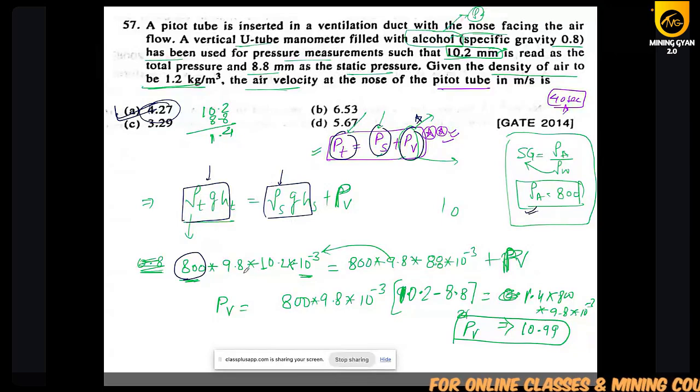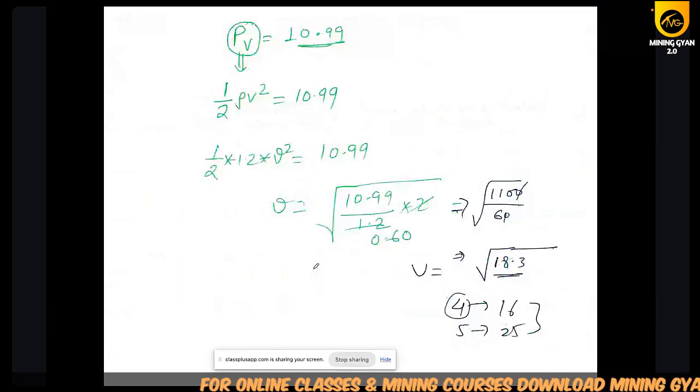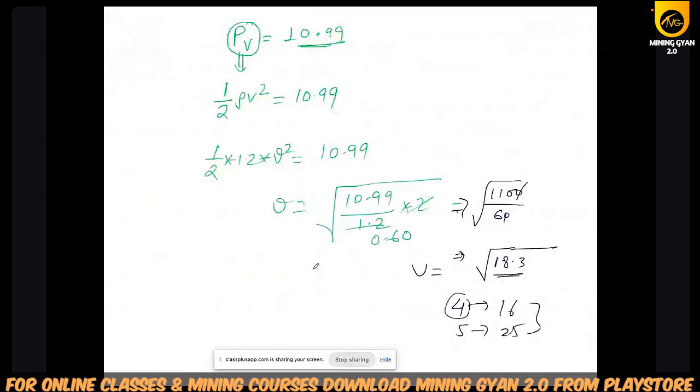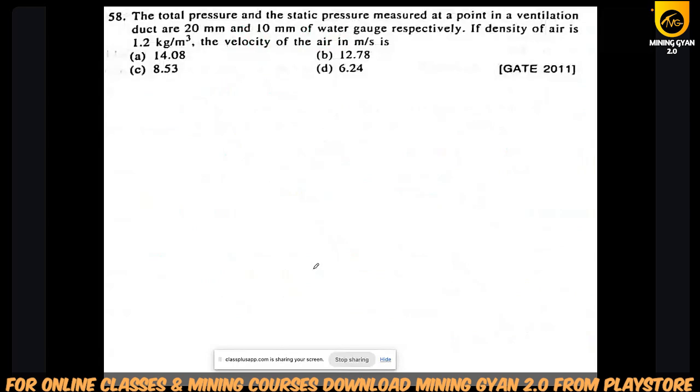Then g is 9.8, h is given, and after all that, all are the calculation you have to do. If you have any doubt in any calculation parts or in the concept, then you can ask me. Otherwise, those who do not have any issue, they can solve question number 58.